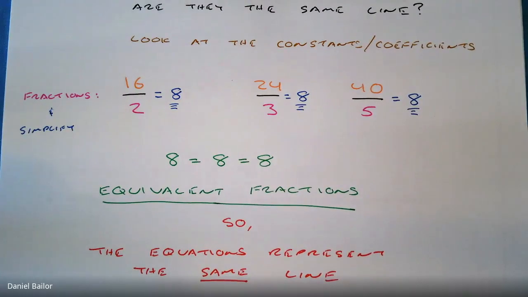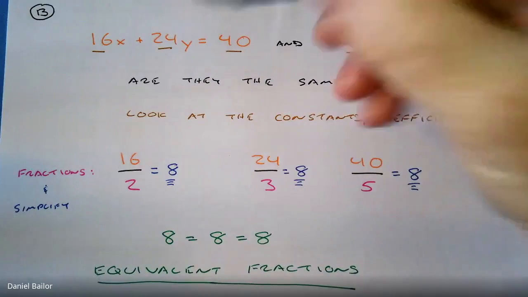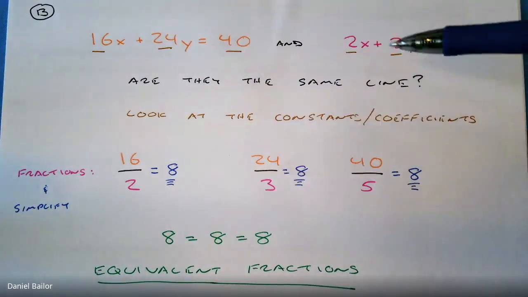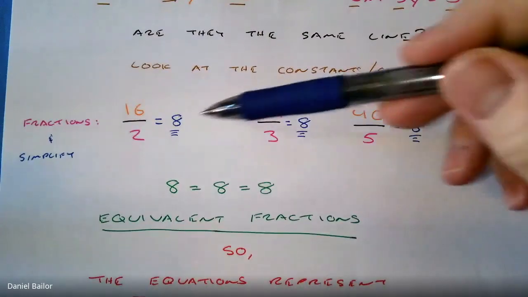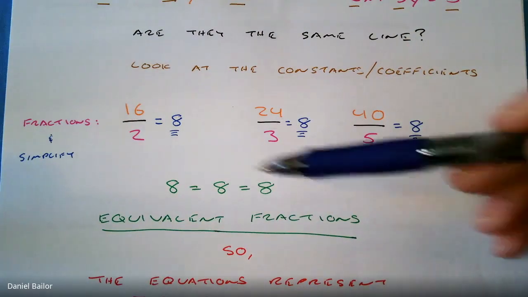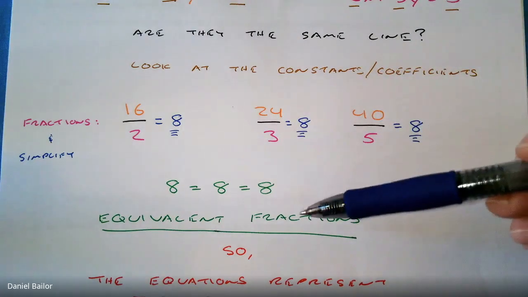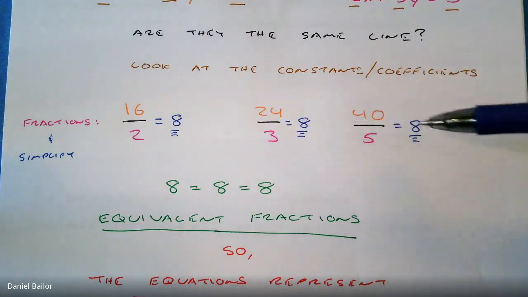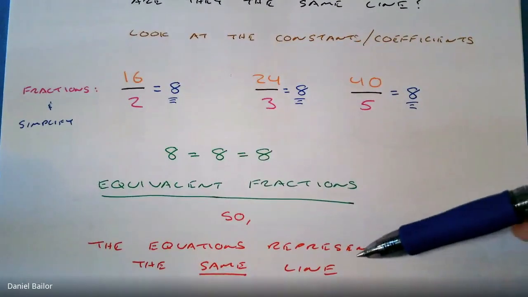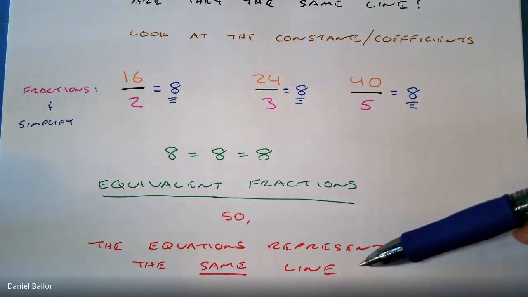That's how you check. You take both equations, you build fractions of the matching pieces. If the fractions are equivalent, all three fractions have to be equivalent. Same ratio every time. If all three are the same, then the equations represent the same line.